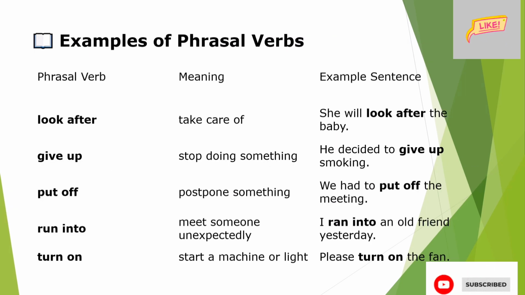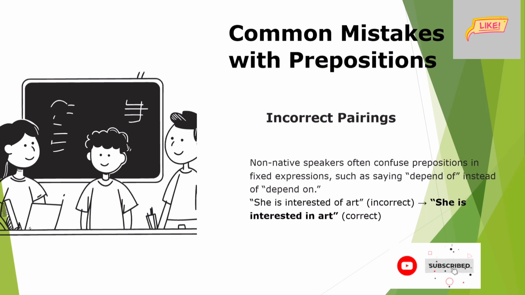Example: please turn on the fan. The meaning of a phrasal verb cannot always be guessed from the verb and preposition separately. For example, give means to offer something, up means higher or above, but give up means to stop doing something.